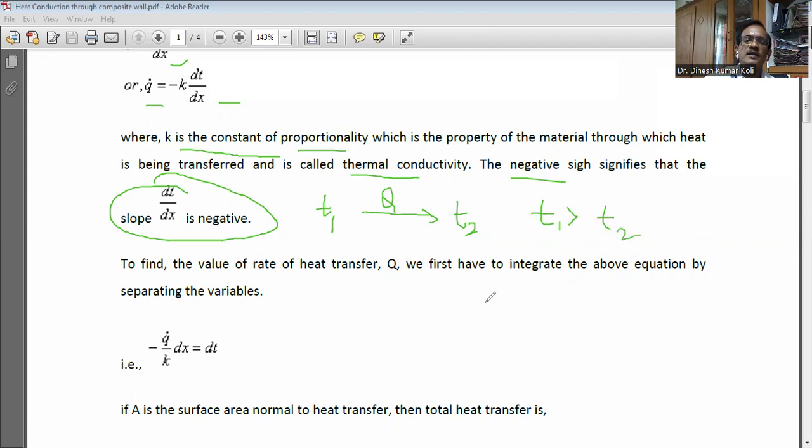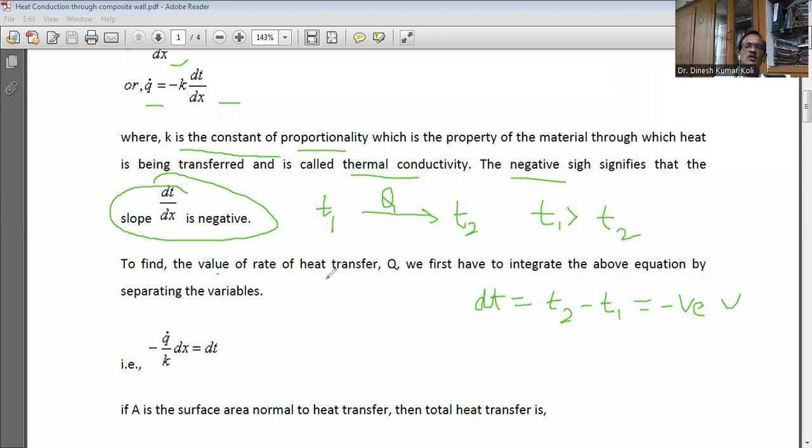The temperature difference dT will be T2 minus T1, and because T2 is less than T1, this gives a negative. It means heat flow occurs only when there is a negative temperature gradient, or heat always flows in the direction of decreasing temperature. So the negative sign comes because of this reason.